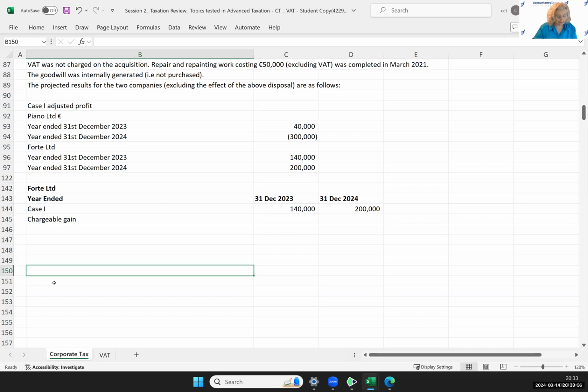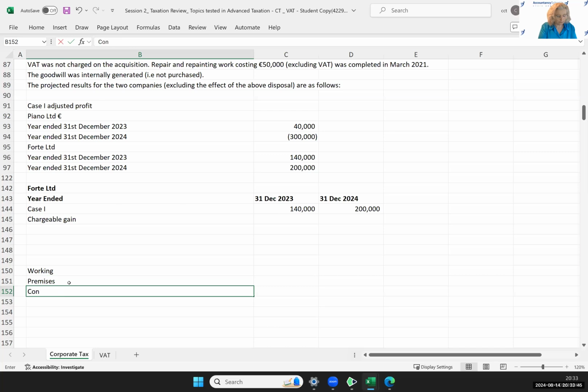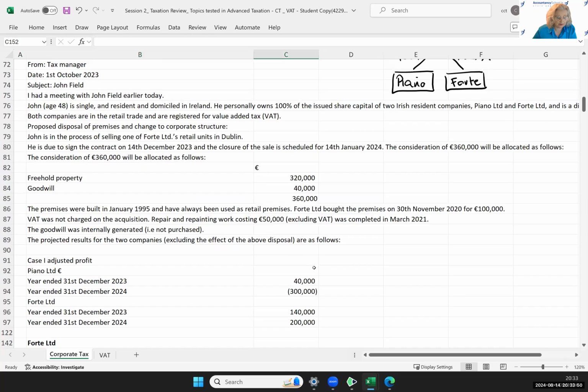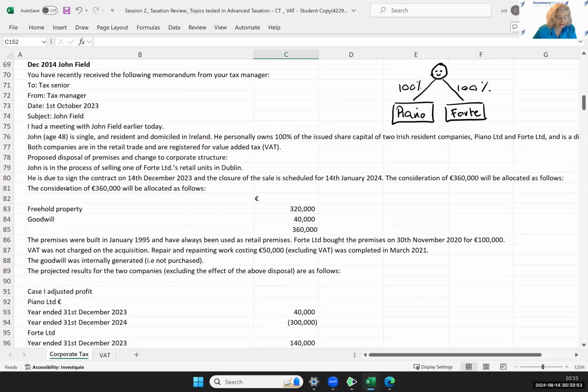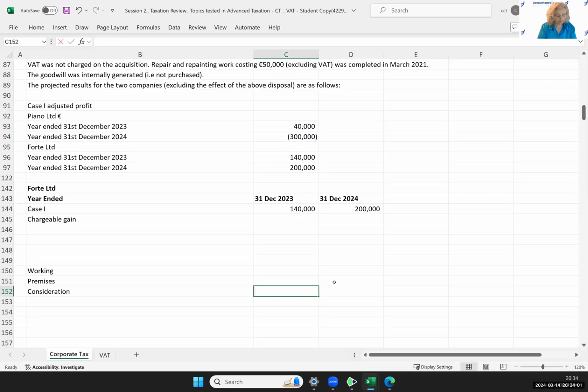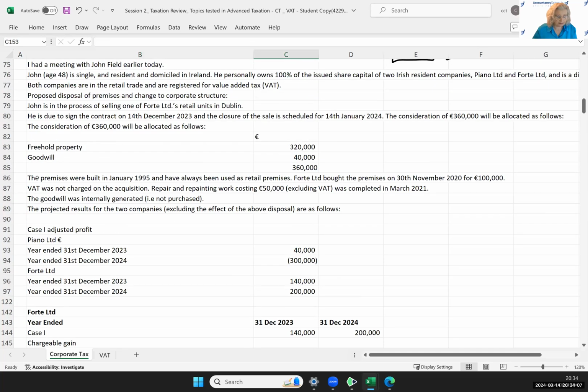And we'll need to do a working for that chargeable gain. There's the premises. So what we were told was the consideration for the disposal of the asset is 360, of which 320 is for the freehold property. And the cost of the premises: Forte Limited bought the premises on the 30th of November 2020 for 100,000.